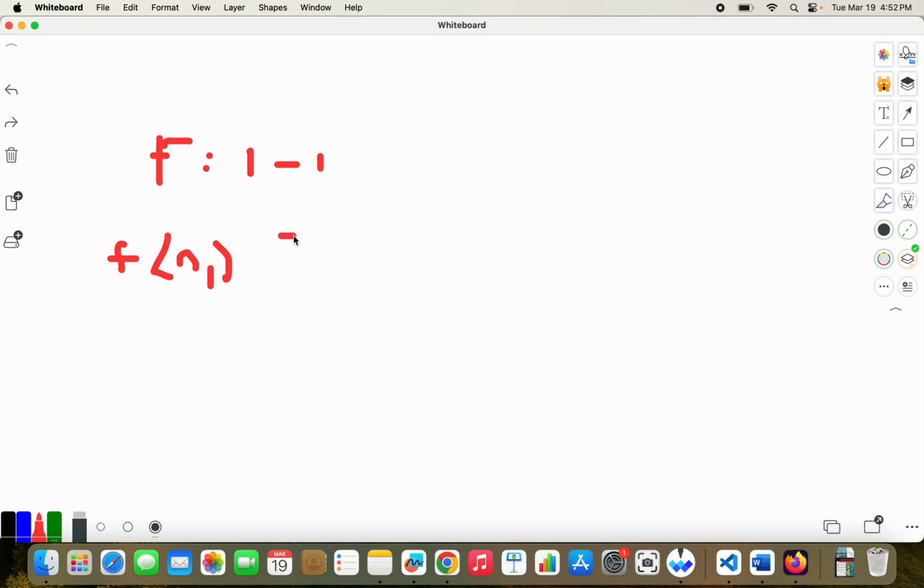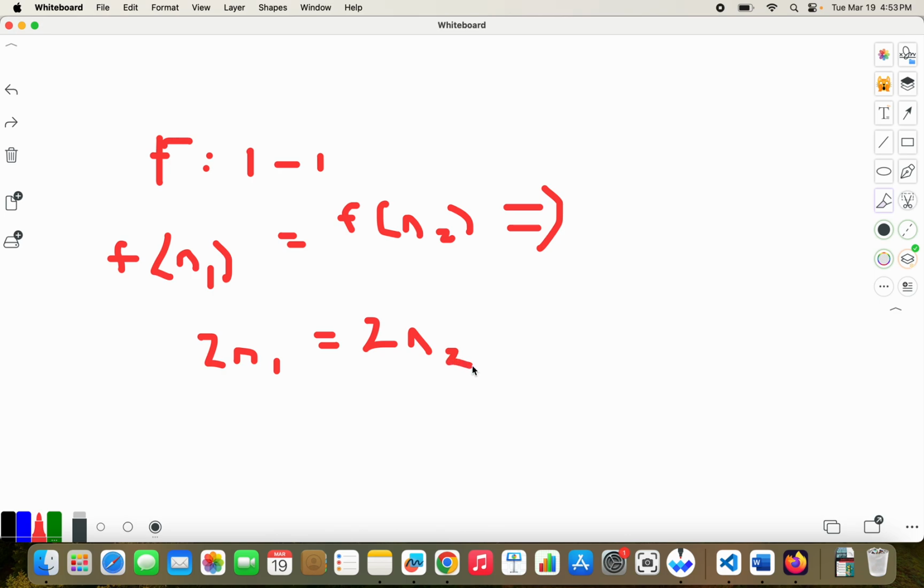So f(n1) equals f(n2), so 2n1 equals 2n2. And using algebra, we deduce n1 equals n2.